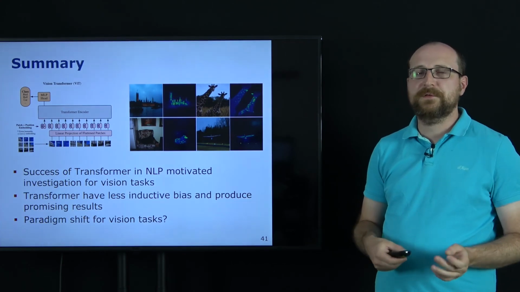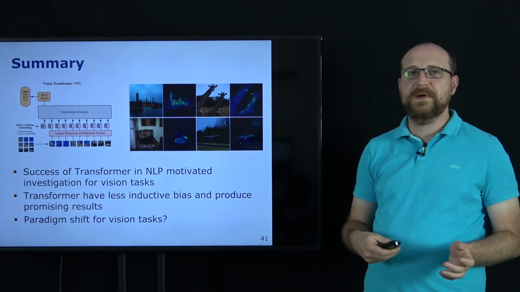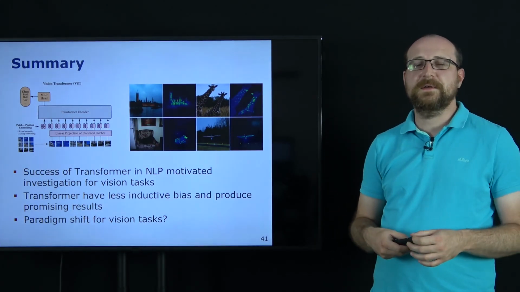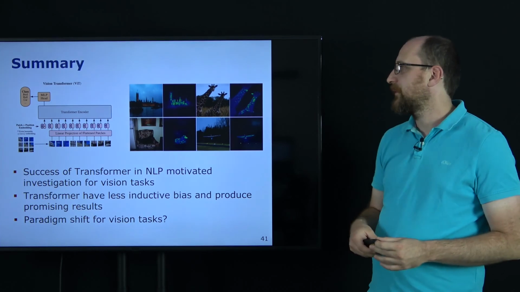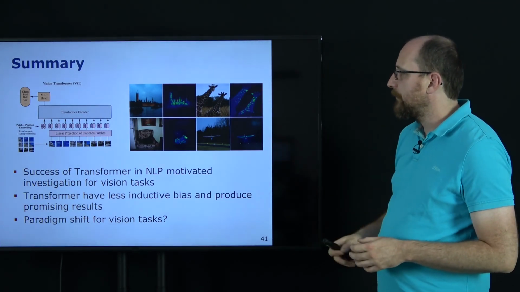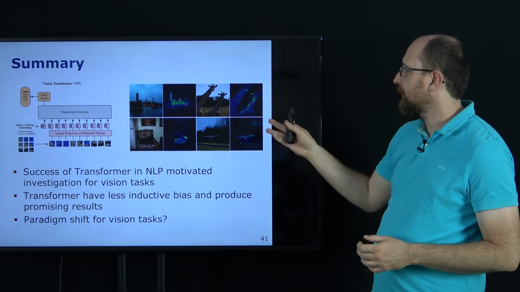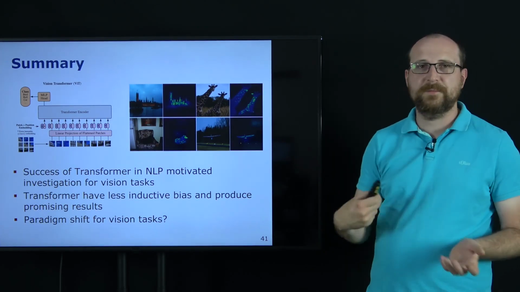Of course, everything is driven by the promising results that we are already getting from the transformer architectures, and maybe also some properties that are appearing, like this object segmentation mask that comes from the self-training.